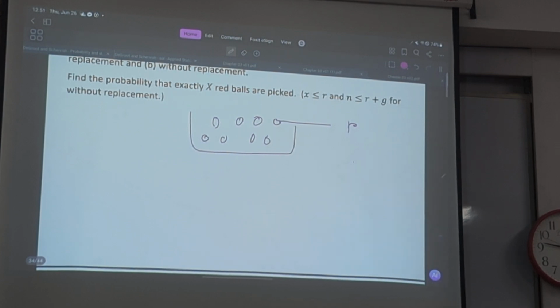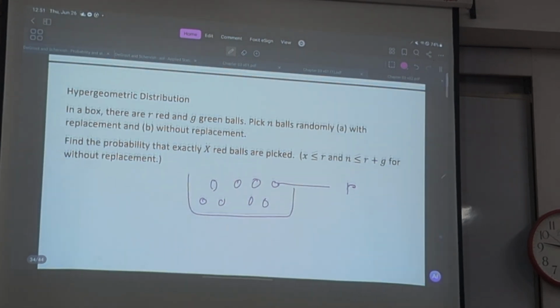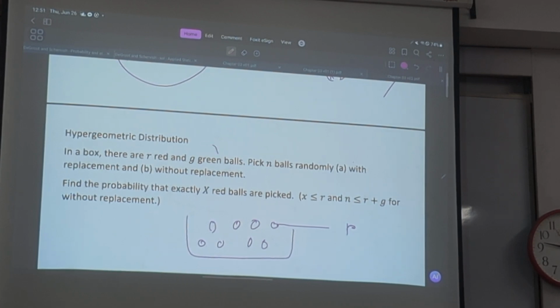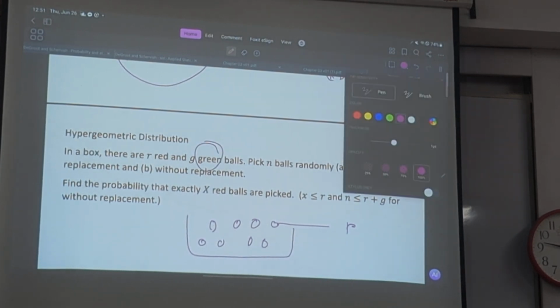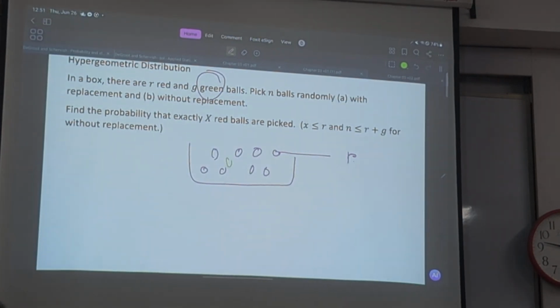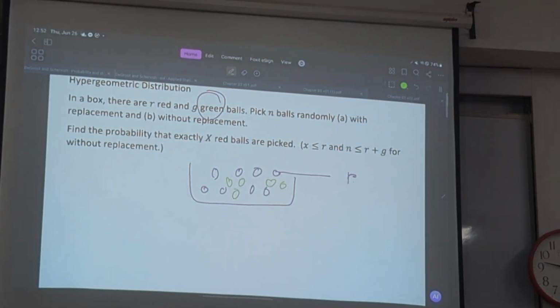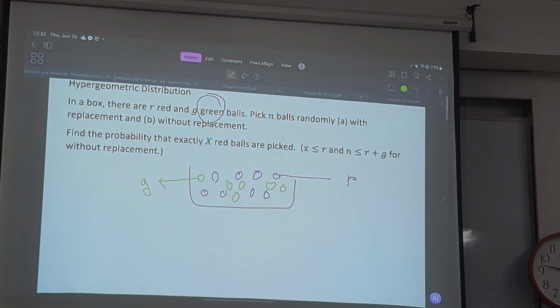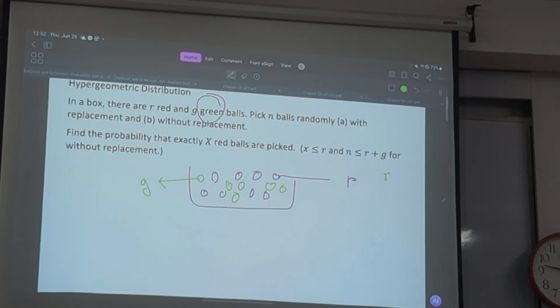Unfortunately, the equations are written in such a way, in one of my previous documents, that we have green balls. Let us consider we have green balls here as well. We have R red balls and G green balls. The total number of balls is R plus G.